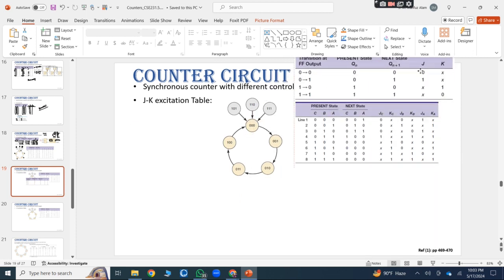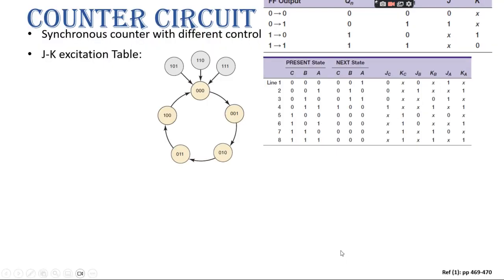As you can see, my states are 0, 1, 2, 3, 4 and then 0. What states are not being used? 5, 6 and 7, right? Yes. So they say whenever you have 5, 6 or 7, it should go back to 0.